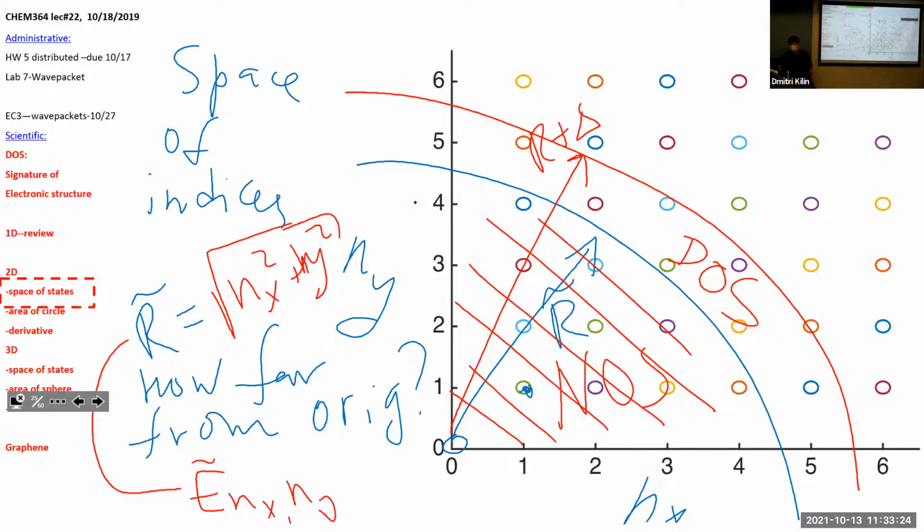Now, by the way, here is the graphical interpretation some of you may like. The area here is the number of states, and the number of circles in the thin layer is the density of states. How does density of states depend on how far we go from the origin?